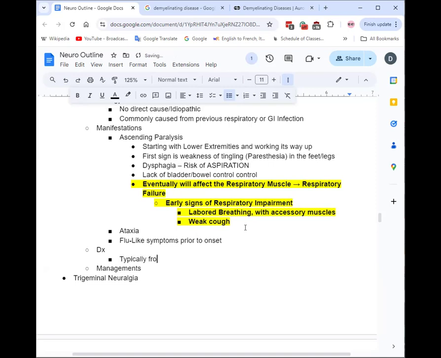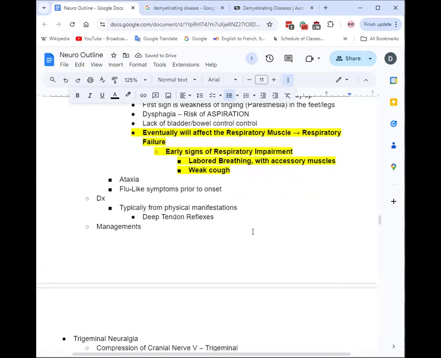It's typically from physical manifestations, so maybe deep tendon reflexes. There are nerve conduction studies or something. Apparently you can do a lumbar puncture, where you can have increased protein without an increase in cell count, whatever that means.